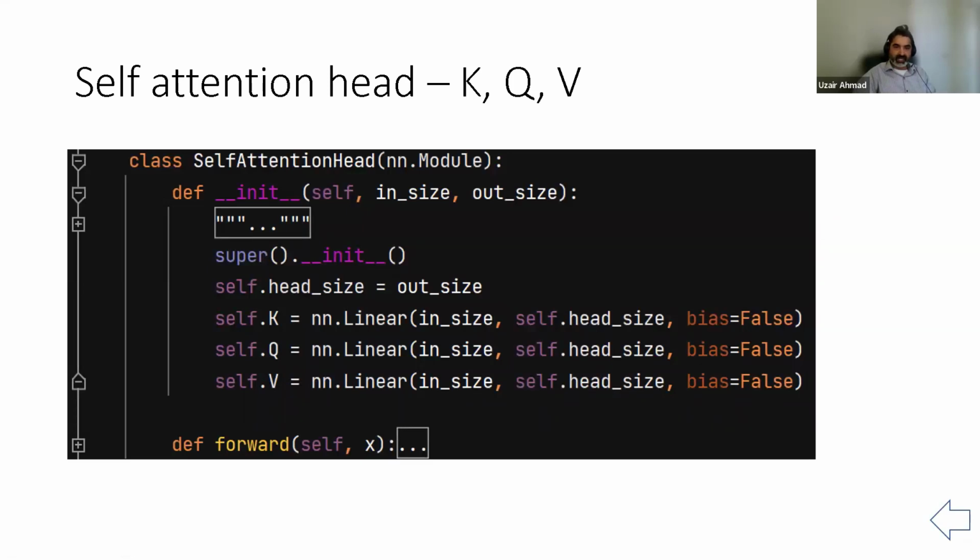The output layer will have as many neurons as input or fewer, usually fewer. So 3 networks, you can see, they are going to have some role that we will discuss shortly, but this is all what self-attention head is. 3 feed-forward networks. Key, query, value.